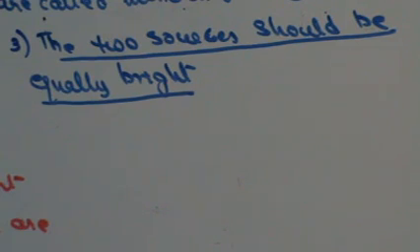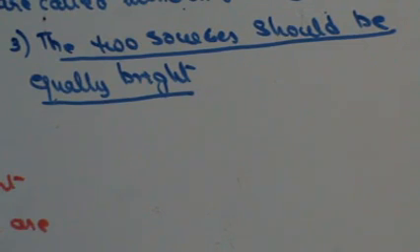For steady state interference, I should have either bright or a dark point. If they are not equally bright, then I will neither get maximum brightness nor maximum darkness. And if I am not getting maximum brightness and darkness, then that is not steady state interference. Hence, it is very important for me to have two sources of light which should be equally bright. Fine, do we get this thing here?